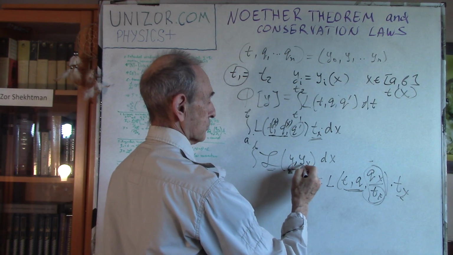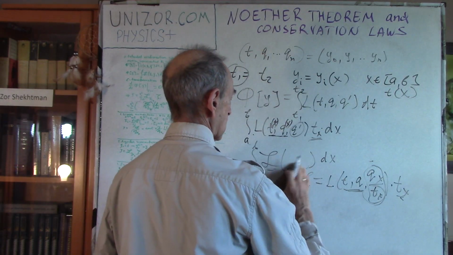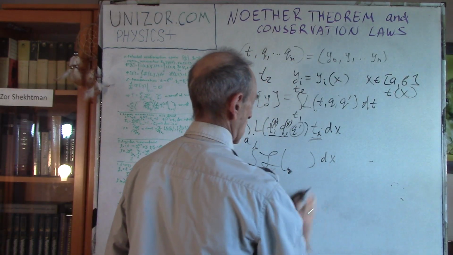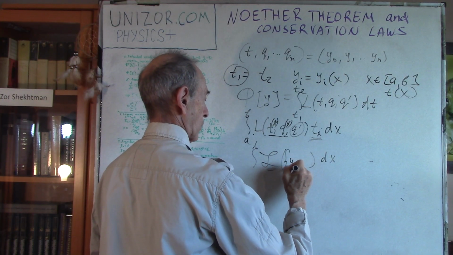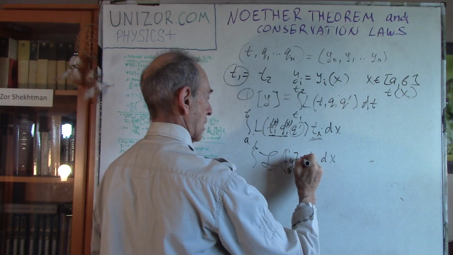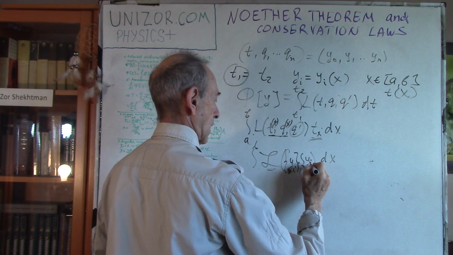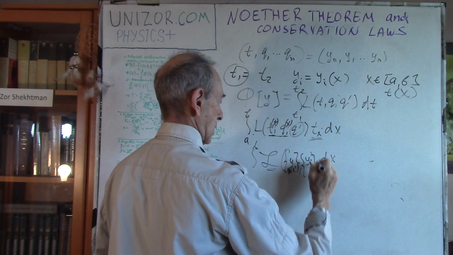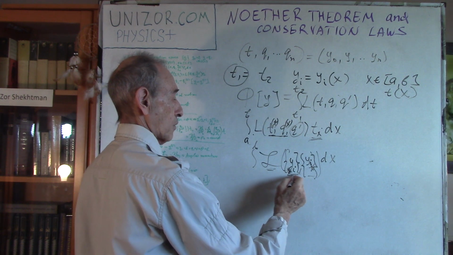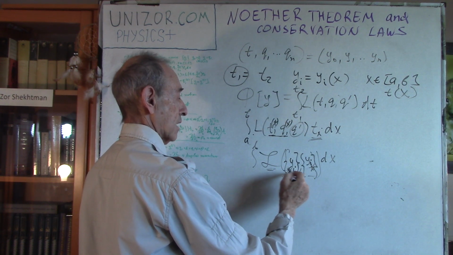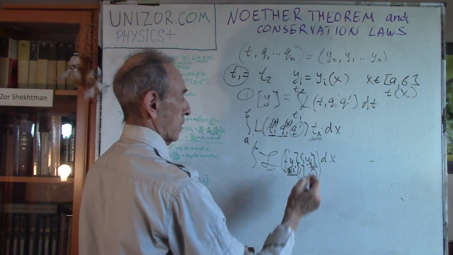Maybe I should put y_i, comma, y_i_x, comma. So the whole group: we have n plus 1 of these coordinates from time to the last space, and then n plus 1 of the derivative by x.